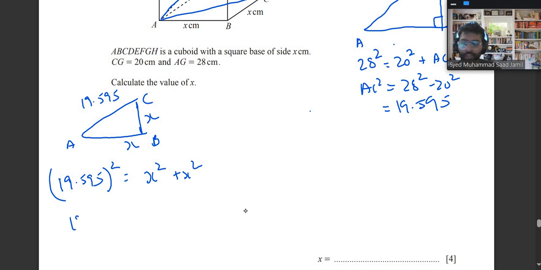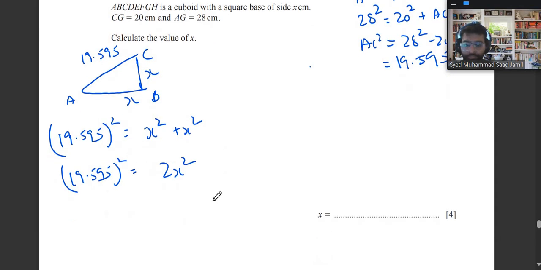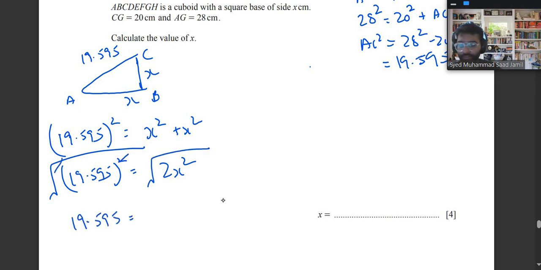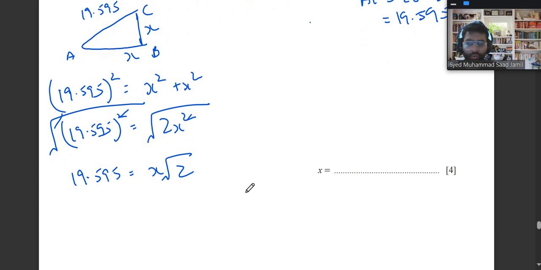So this becomes 19.595 whole squared equals 2x squared. Now under root both the sides, so it will become 19.595 equals x under root 2, because the square of x will be cancelled out and only under root 2 will remain.